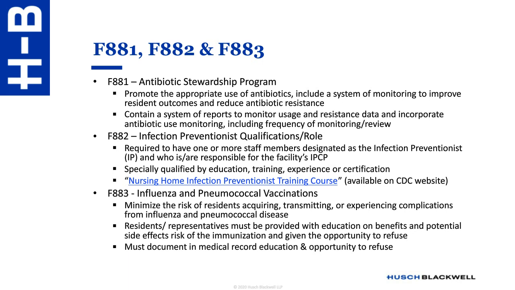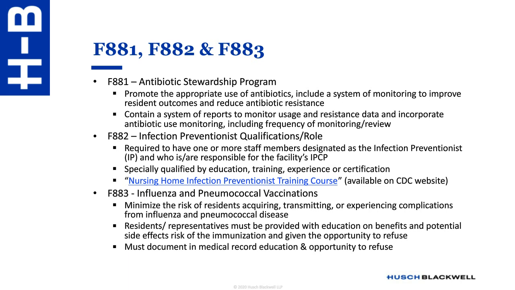F882, ensuring that there's an infection preventionist in place. This person must be specifically qualified in their education, training, and experience in infection control. Actually, CDC has a handy training course, which we've linked here, and it's available on the CDC website.